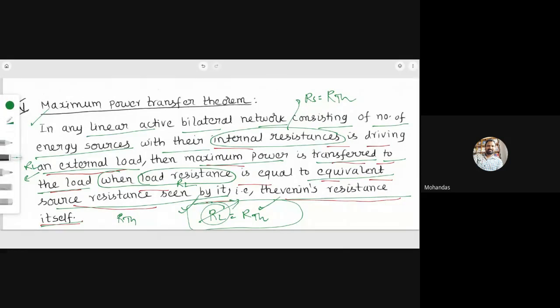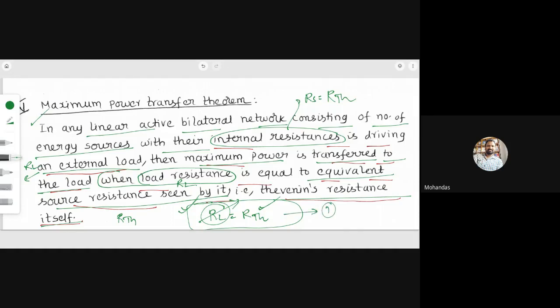To solve a problem related to the maximum power transfer theorem, we have to calculate V Thevenin and R Thevenin, so that the circuit has the Thevenin equivalent voltage and resistance in series, and the load may be the same. First, RL equal to R Thevenin is the condition.